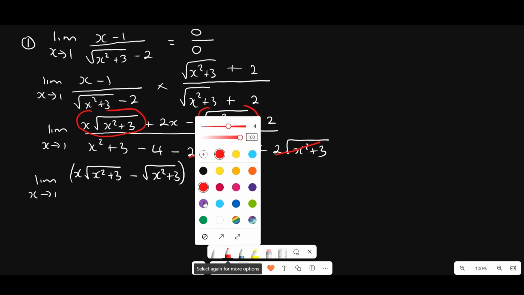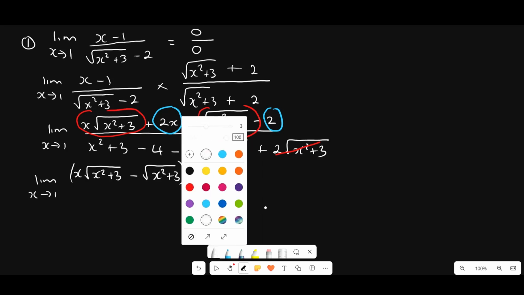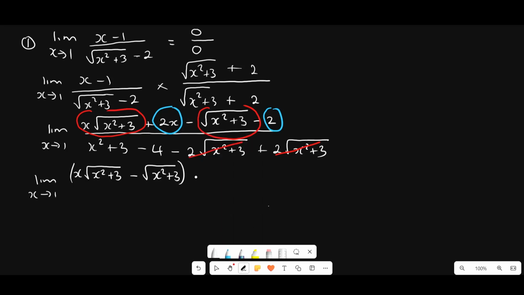Again, this one here has something in common with that one. Remember, whenever you're doing grouping, you assign the two with the common factor. So here I'm going to say plus, then this one is 2x, this one is negative 2. Here at the bottom on the denominator, I'll have x squared, and then 3 minus 4, that's negative 1 in that case. So let us take out the common factor here.